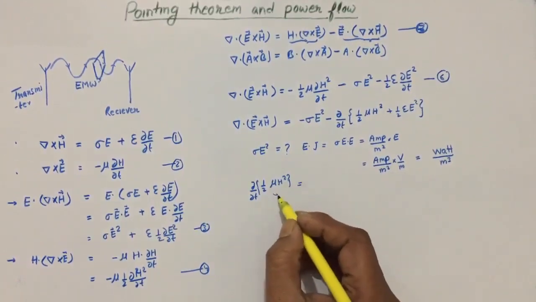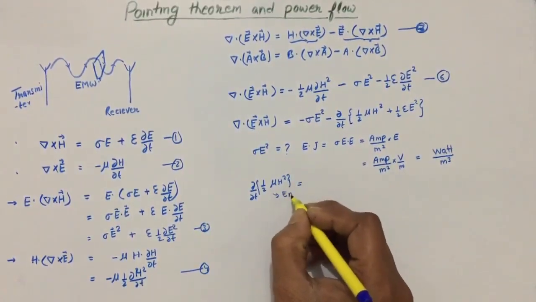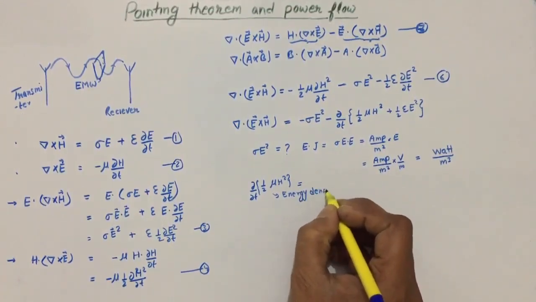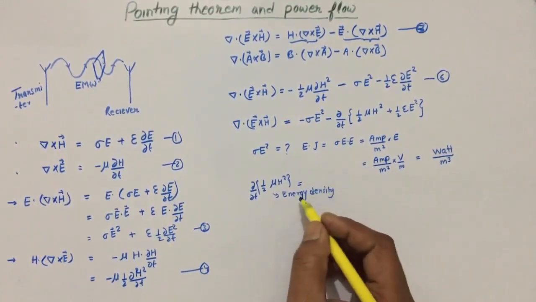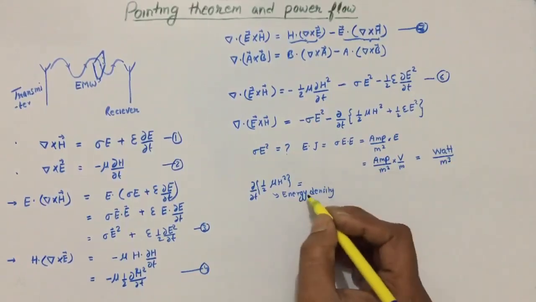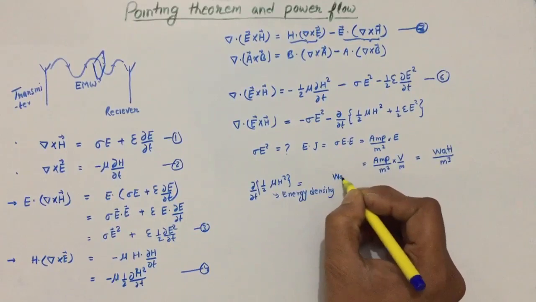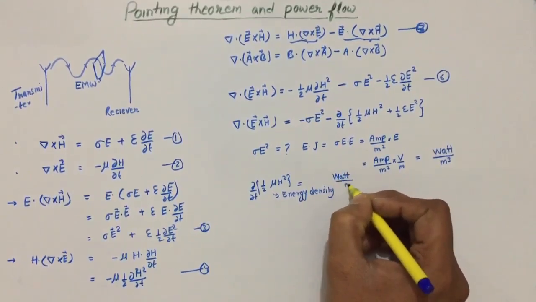This is energy density, and if we divide energy density by T, then it will be power density. So again we can write it as watt per meter cube.